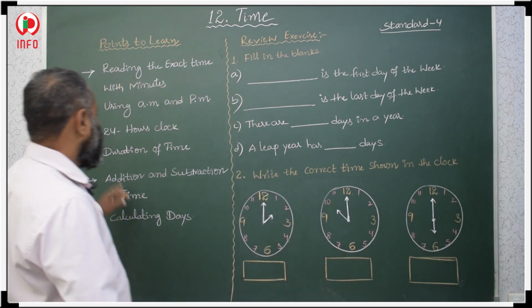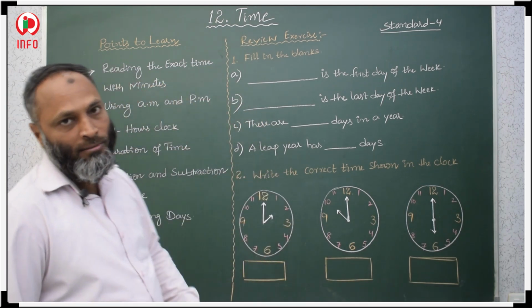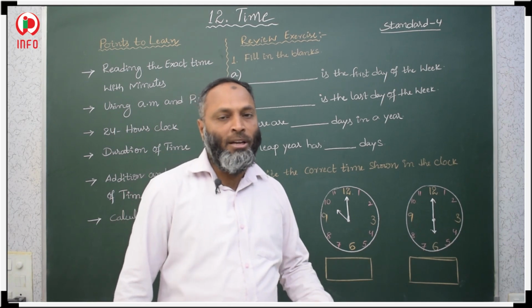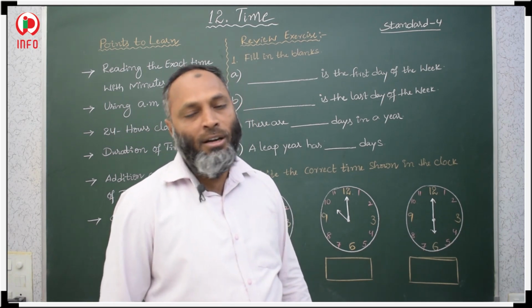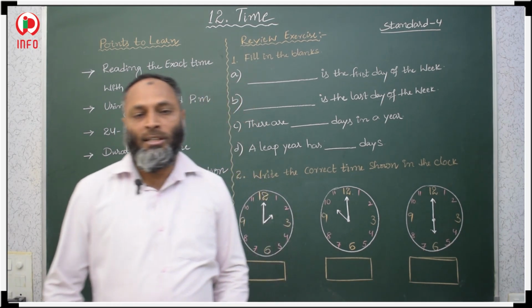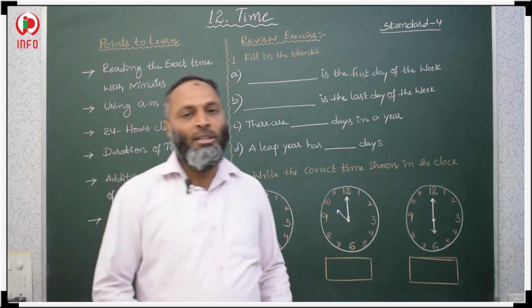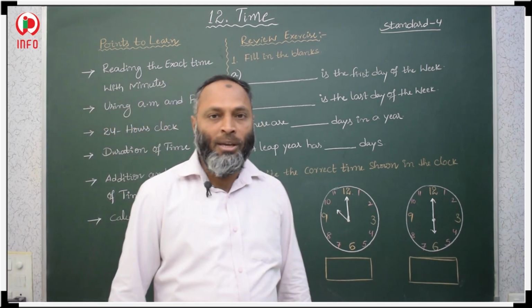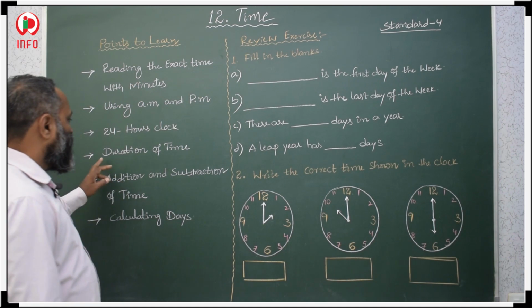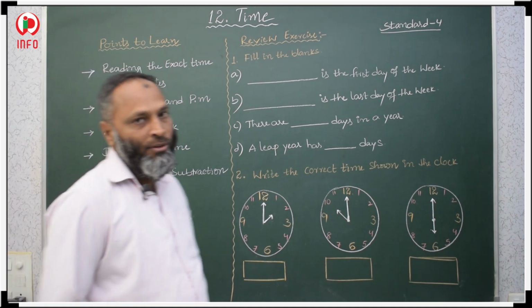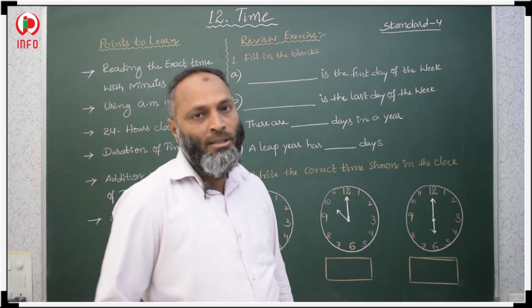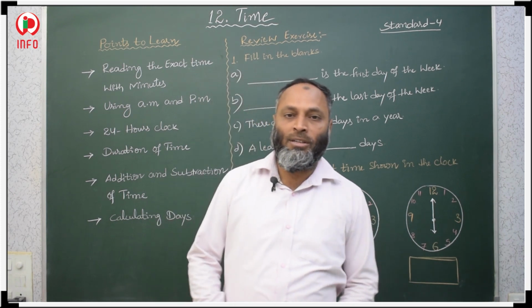Then after that, the 24 hours clock. How to represent time in 24 hours. Then after that, duration of time: how much time it takes to complete a particular work, and how to calculate the duration of the time.